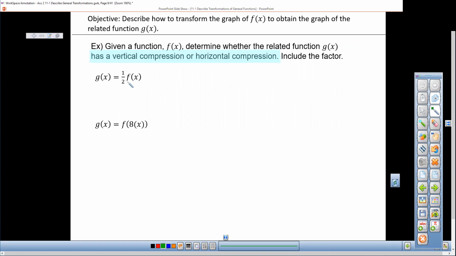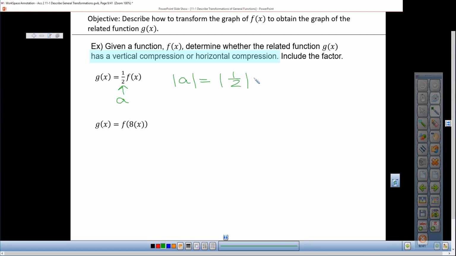So in this first example, we have a 1/2. The position of it in front, outside of the parentheses, makes it an A parameter by definition. And so then we look at the absolute value of our A, and the absolute value of 1/2 is still 1/2 because absolute values are positive. And then we compare it to 1. Now here we have to realize, because the numerator is smaller than the denominator, this fraction is less than 1.